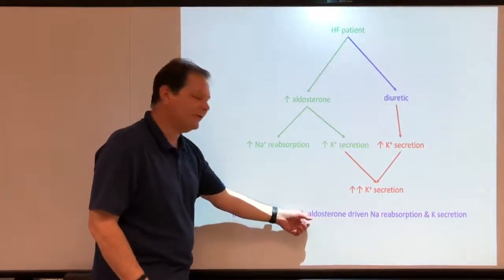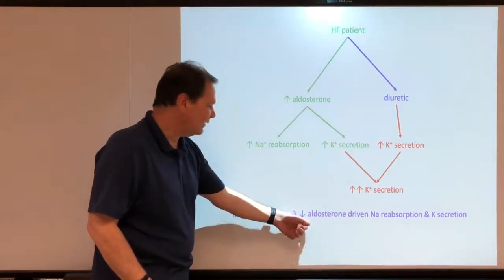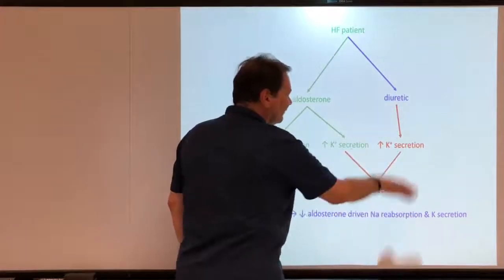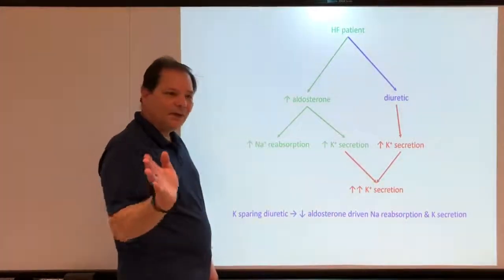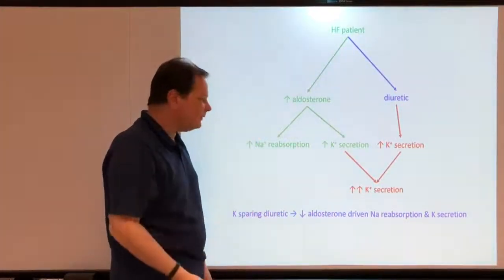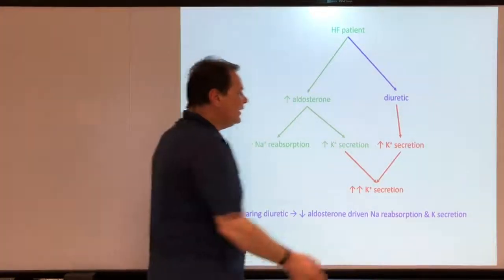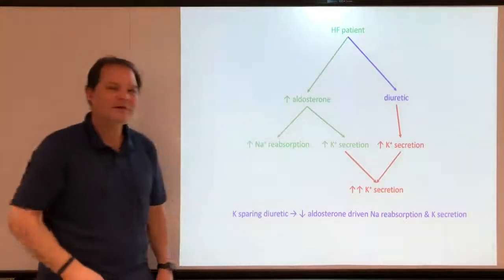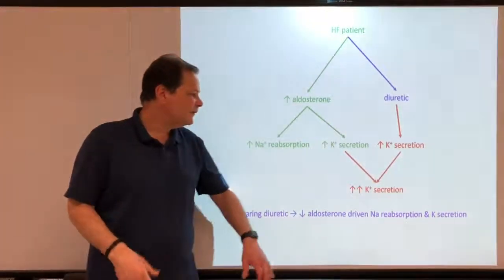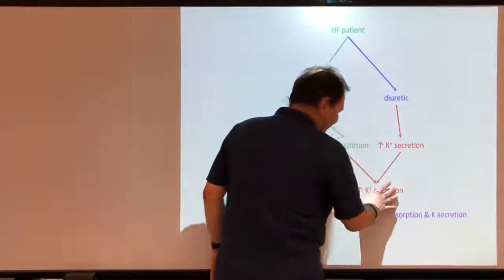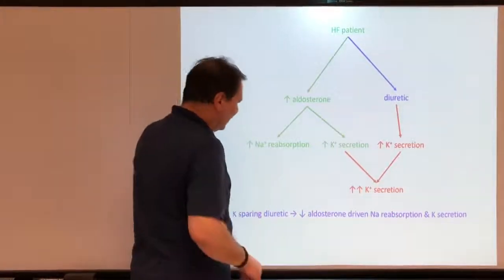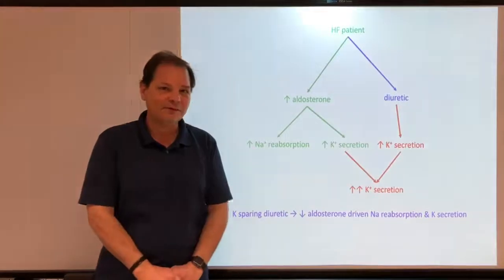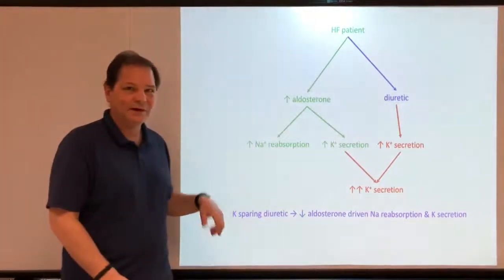So one way or another, directly or indirectly, it's going to decrease the effect of the aldosterone. And at the same time, you don't have this increase in upstream tubular flow that's causing potassium to be washed away. So you don't have this big increase in potassium secretion either. So the net effect is you don't get this big potassium secretion, and you still get the reduction in sodium reabsorption and the diuretic effect with the potassium-sparing diuretics.